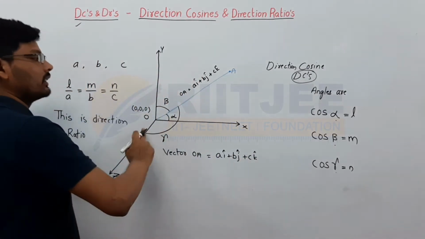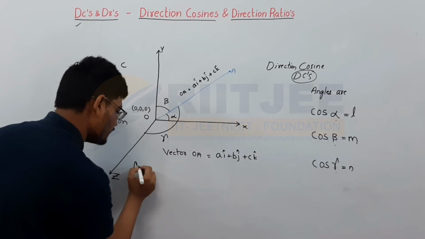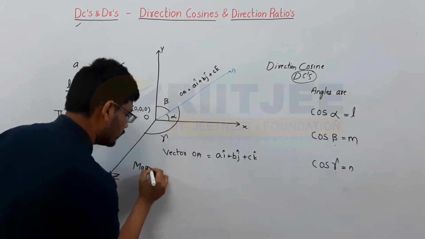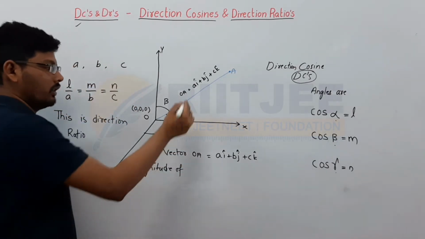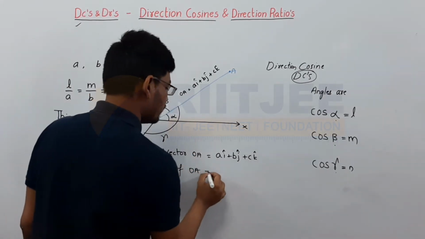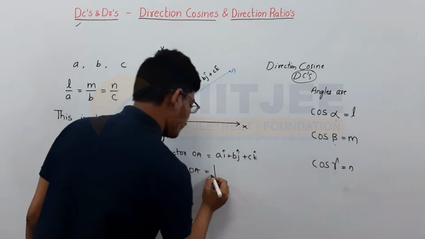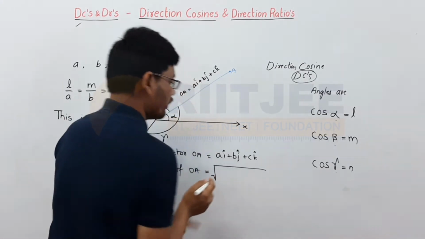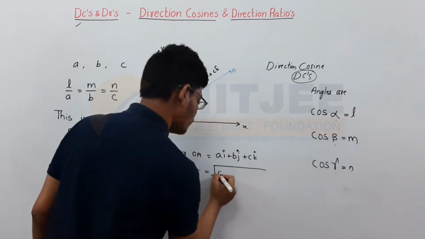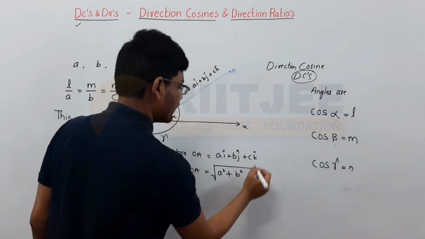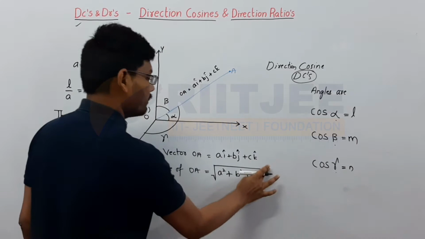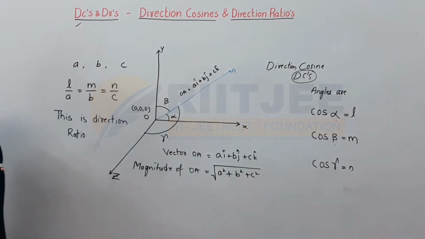The magnitude of vector OA is the square root of A square plus B square plus C square. This is the magnitude of OA.